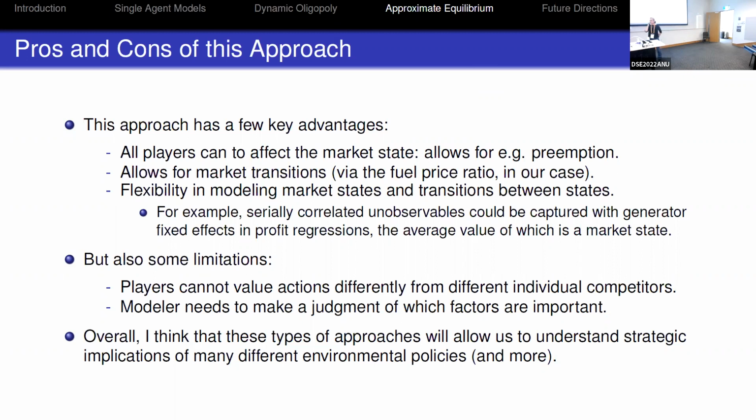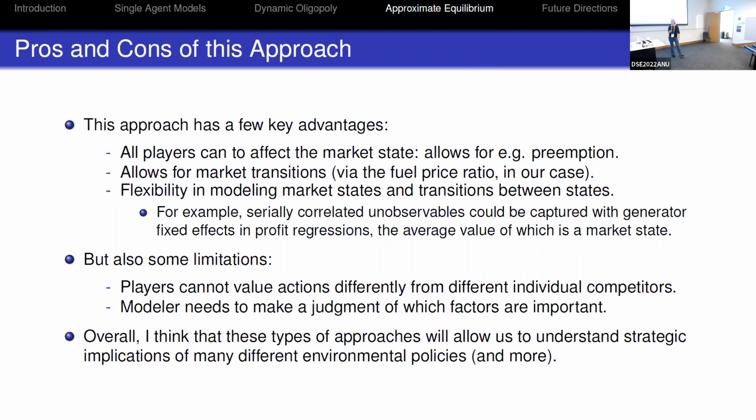The flexibility in modeling market states and transitions between states is really nice here. You can think of all sorts of regressions you could run that you could build in. Let me give you one example that we've been thinking about. We estimate a profit surface in this paper. We estimate profits in the world and we put some surface on it over the states. We could actually have firm fixed effects in that regression.